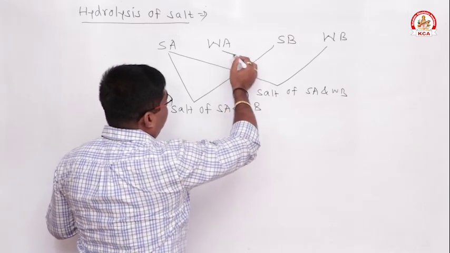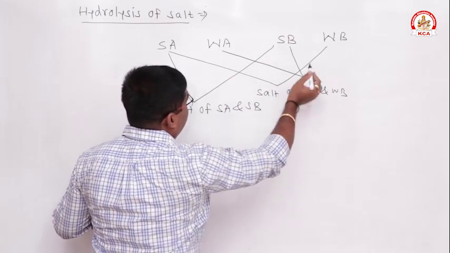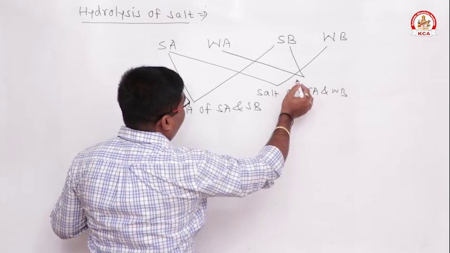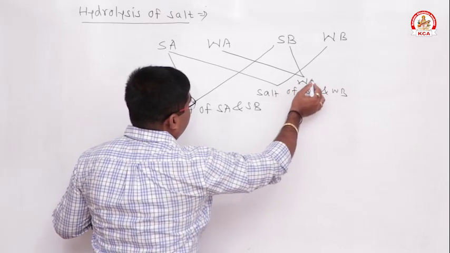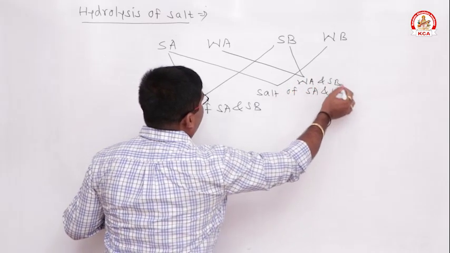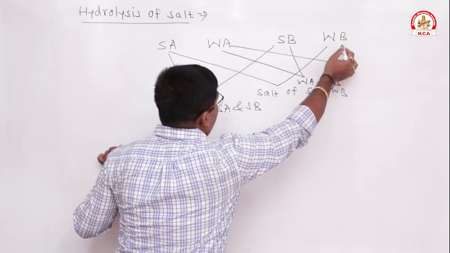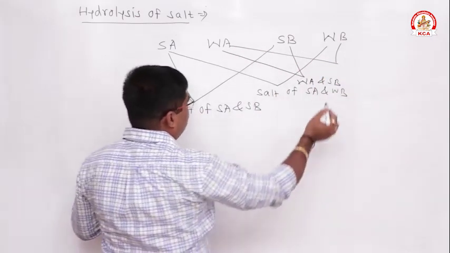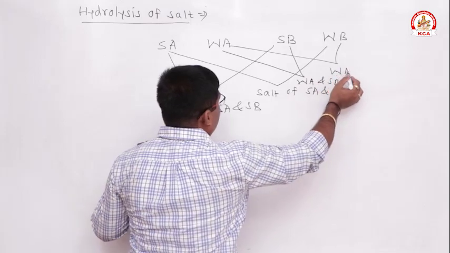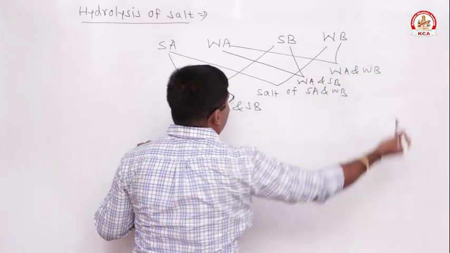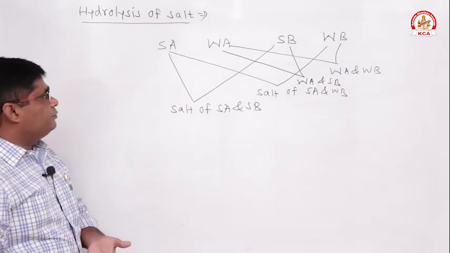Then weak acid reacts with strong base, it gives the salt of weak acid and strong base. And weak acid reacts with weak base, it gives the salt of weak acid and weak base. So these are the four types of salt.